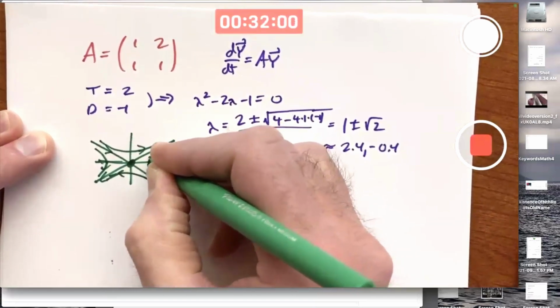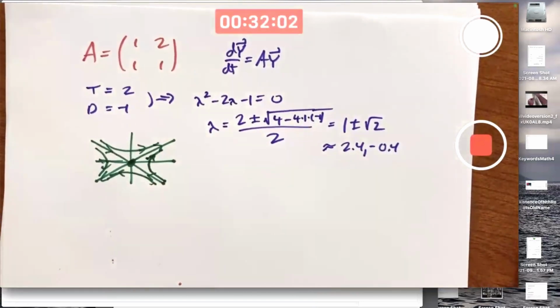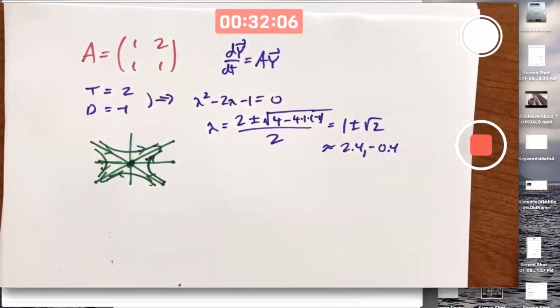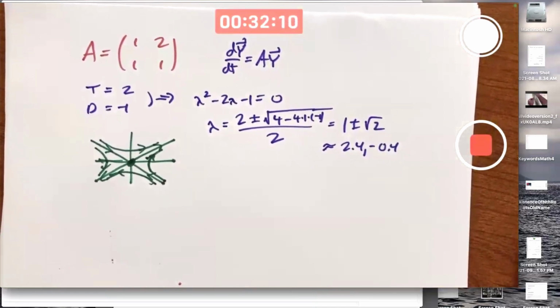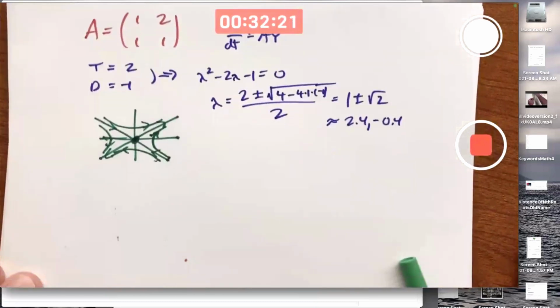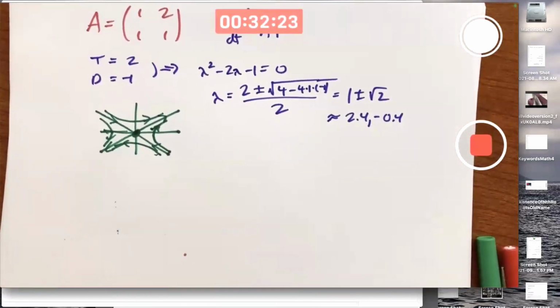Certainly, to get a more accurate picture, I could. But this is a pretty decent picture if I don't include the null lines. That's what it's going to look like.